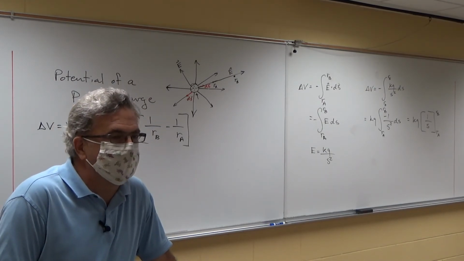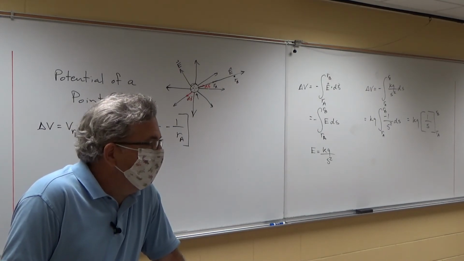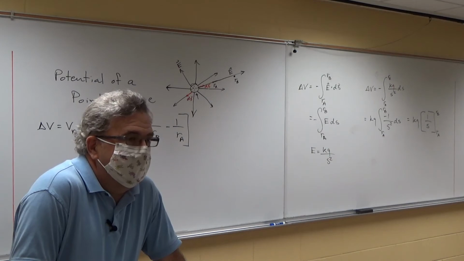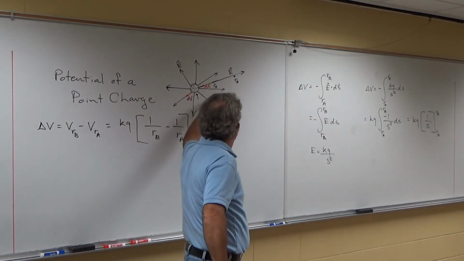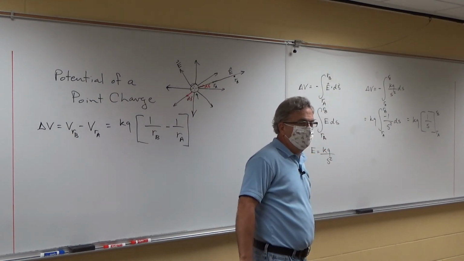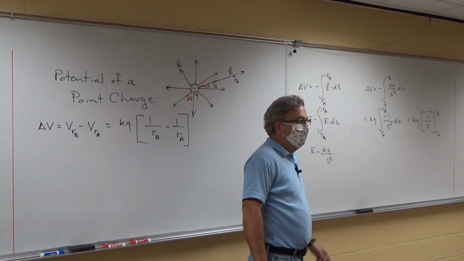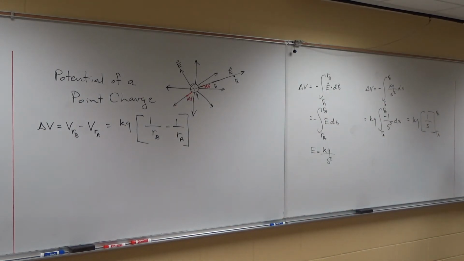How about the edge of the universe? Yeah. Infinity, right? That kind of makes sense. If I go out to infinity, the electric field's going to 0 and the potential's going to 0. Getting farther and farther away from the charge, the electric field's decreasing and the potential's decreasing in this case.